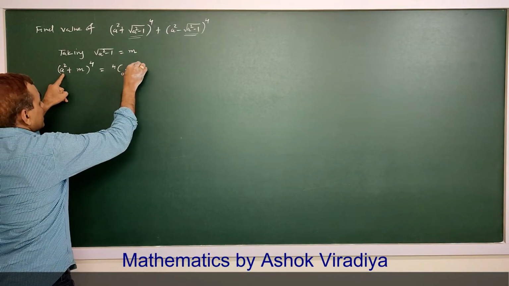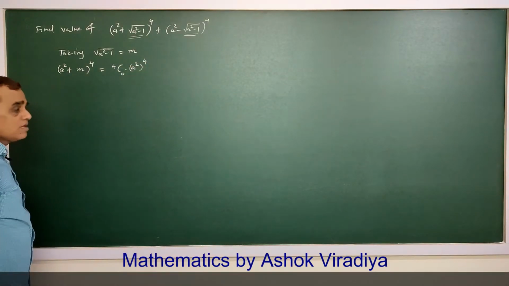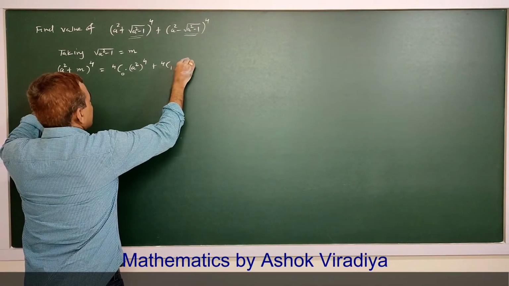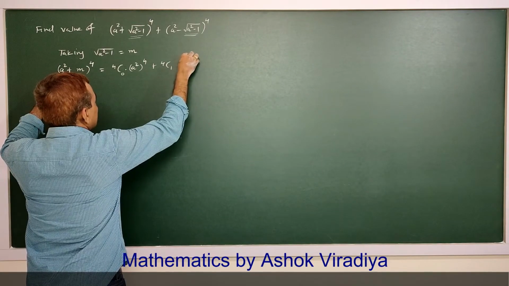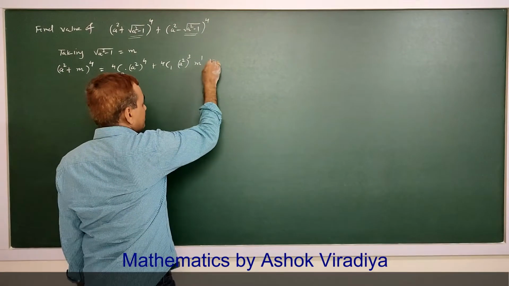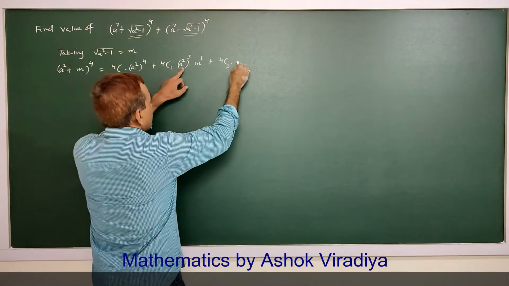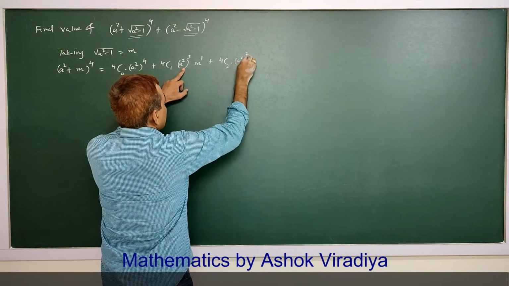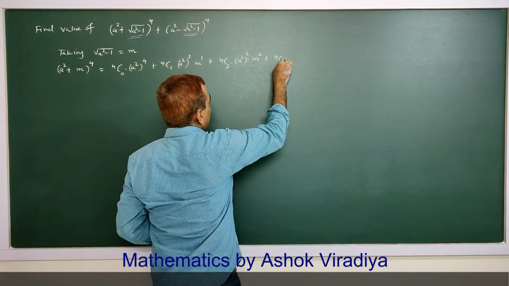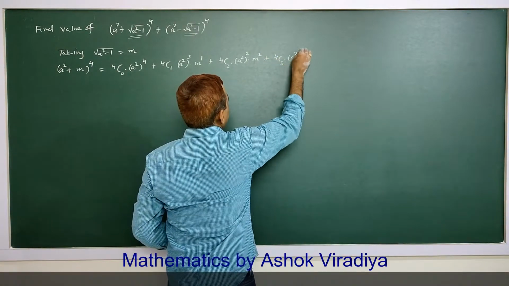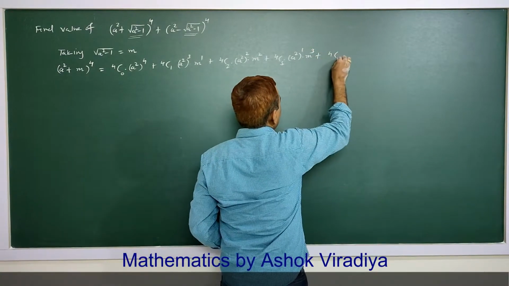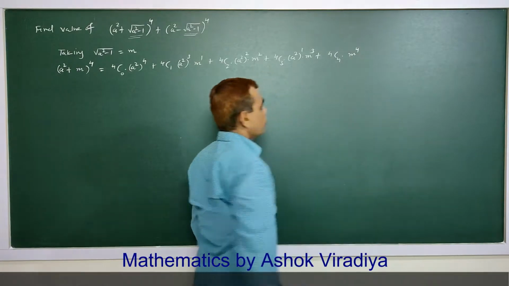Its expansion is NC0 a raised to n plus NC1 a raised to (n-1) into b raised to 1 plus NC2, the power of a square will be decreased and the power of m will be increased, plus 4C3 a square raised to 1 m raised to 3 plus 4C4 m raised to 4.